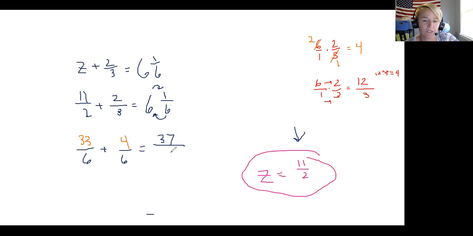And I said that this was the same thing as 37 over 6. Then now I can just add up my fractions to equal this improper fraction. And 33 plus 4 is 37/6. Because we only add numerators, remember, and 37/6. And this is how I check my final answer.